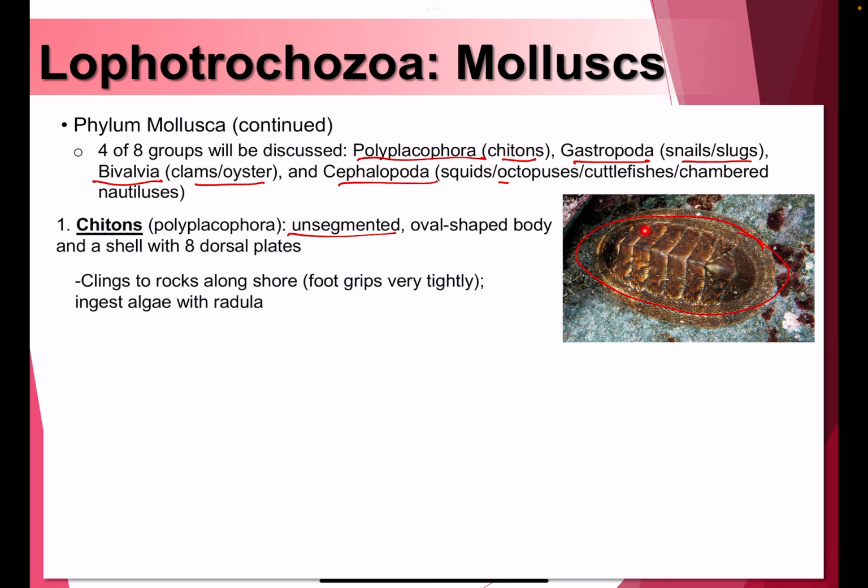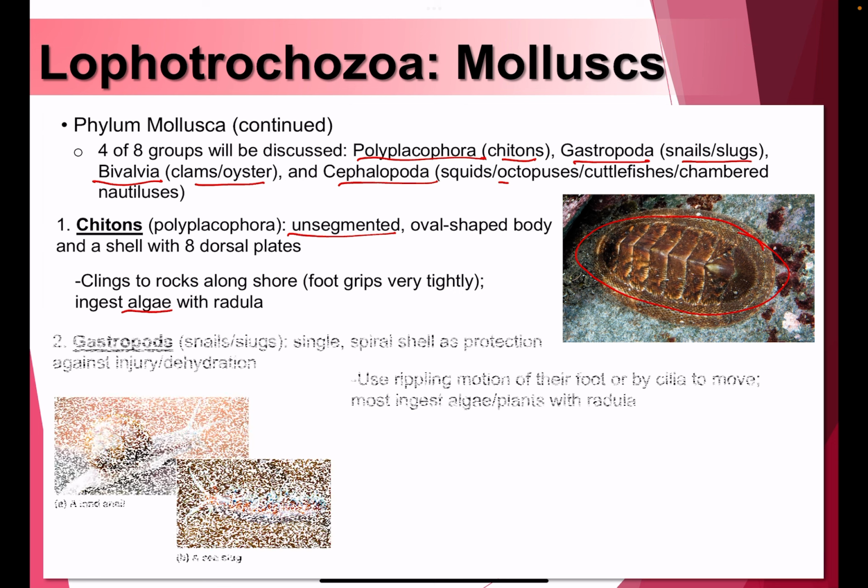So it's not segments of the body, it's just dorsal plates that protect their soft body. Usually they cling to rocks along the shore, and the foot on the bottom grips very tightly to the rock. If you ever try to lift one up, it would be almost impossible. They are very, very strong. And they usually ingest algae with their radula, just as we've talked about with the general structure of the mollusk.